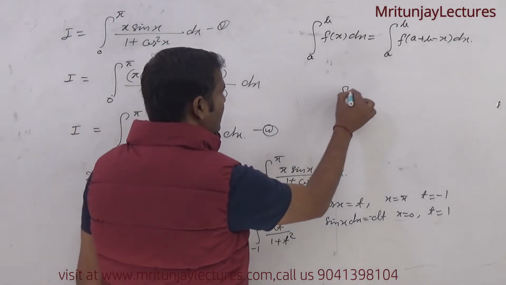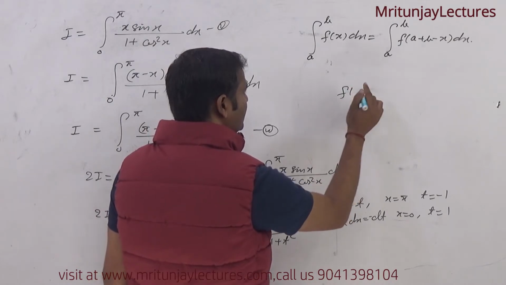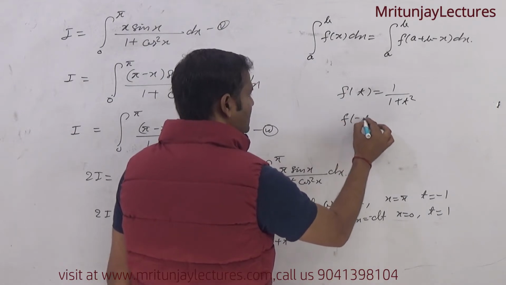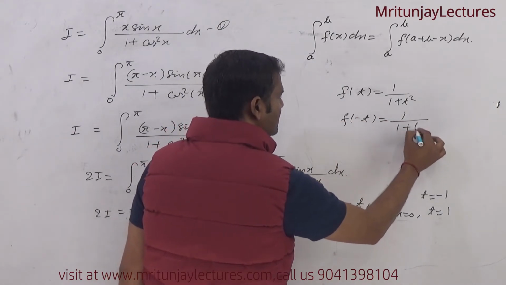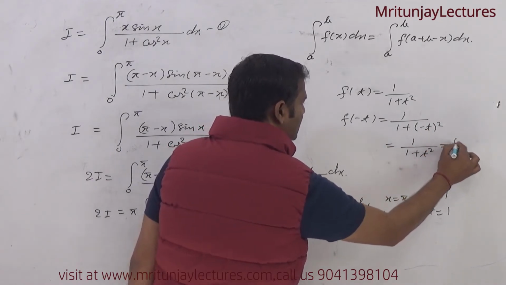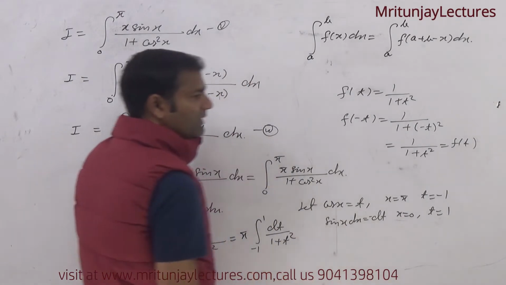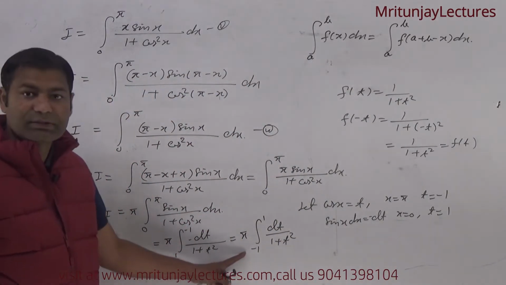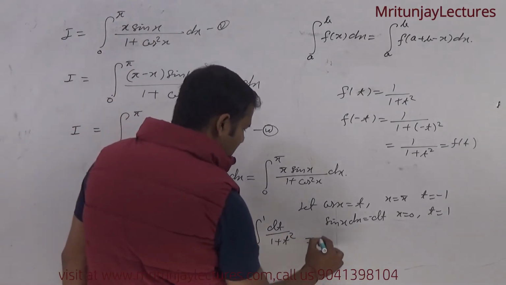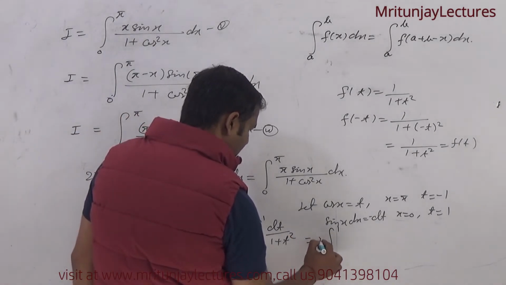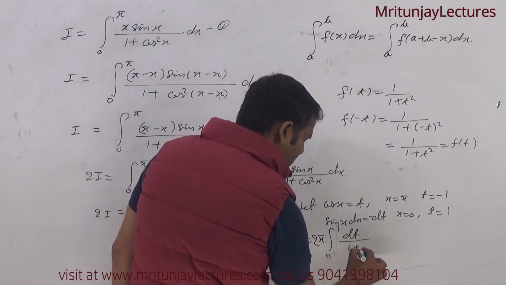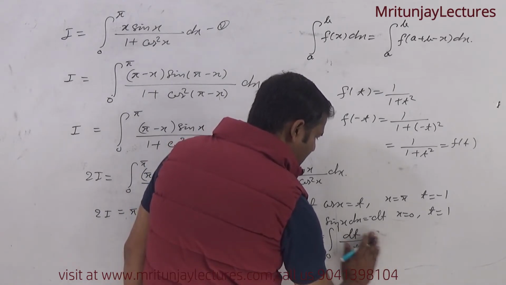Now f of t is 1 upon 1 plus t square. It means f of minus t is equal to f of t. It is an even function. That's why this is written as the integral from 0 to 1, 2 times dt divided by 1 plus t square.